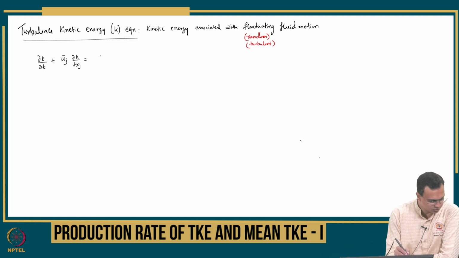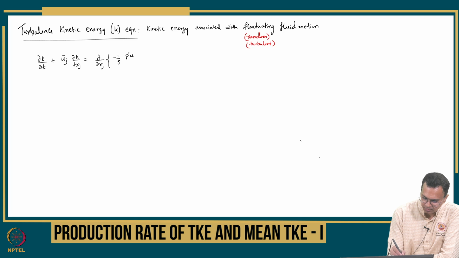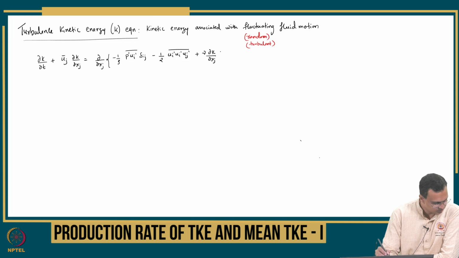First I have the diffusion rate, which is dou by dou xj of minus 1 by rho p prime ui prime delta ij, the pressure diffusion rate, minus ui prime uj prime, the turbulent diffusion rate, plus nu dou k by dou xj, the viscous diffusion rate.